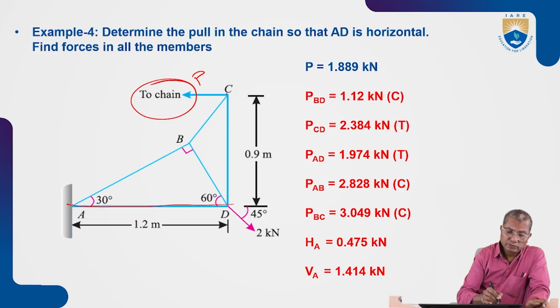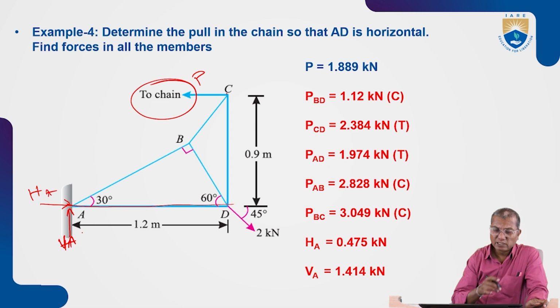Here, you can consider the free body diagram of the entire frame. That means you replace this support by the reactions HA and VA.